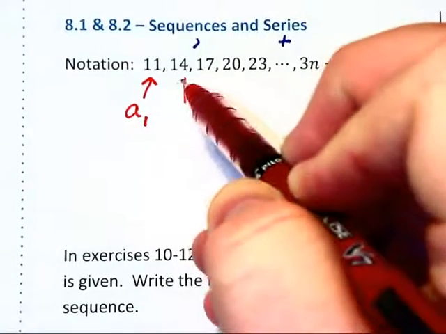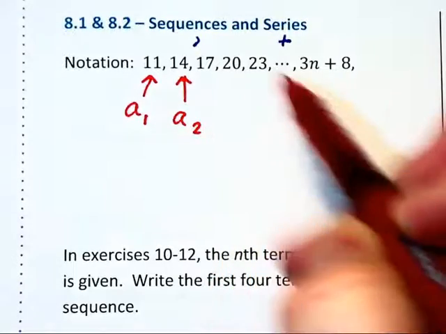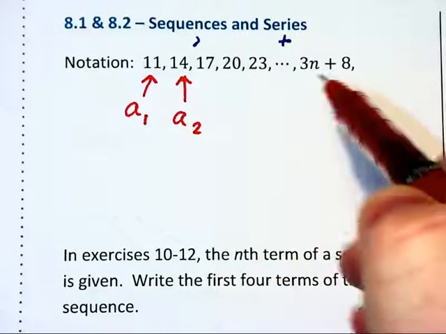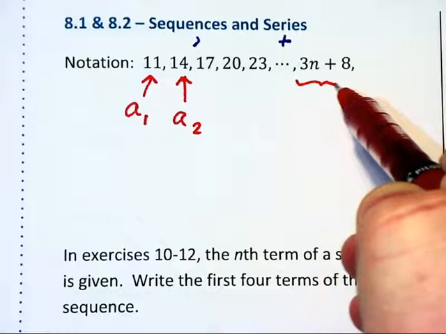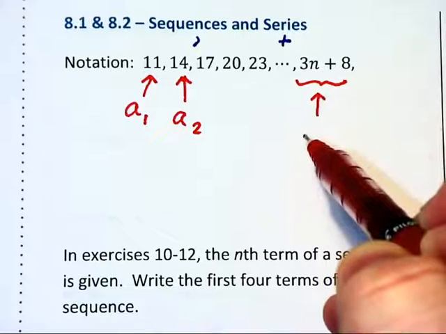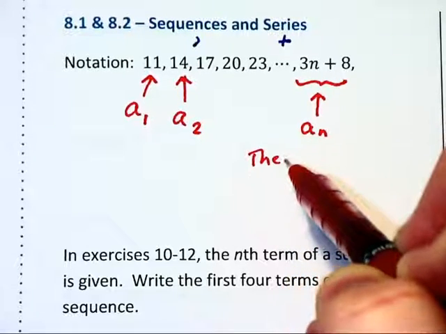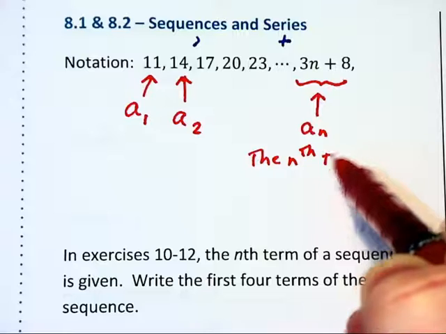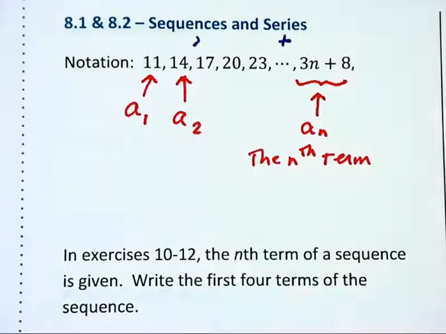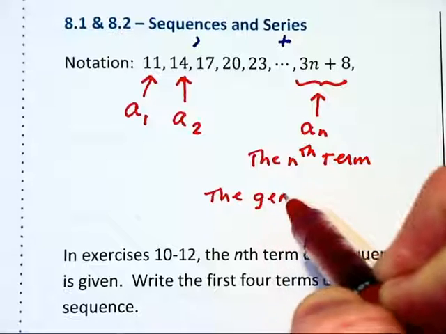This second term, 14, would be a sub 2, etc., going on through this pattern. And when we get out here to a term having n in it, it is called the nth term, or a sub n. The nth term, it just depends on which notation you want to use. Sometimes it is called the general term.